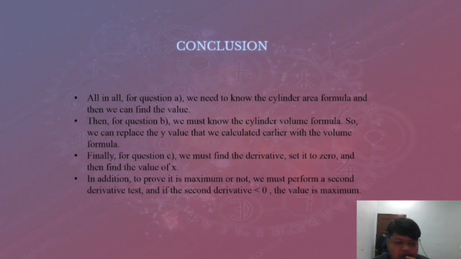Finally, for question C, we must find the derivative, set it to 0, and then find the value of x. In addition, to prove whether it is a maximum or not, we must perform a second derivative test, and if the second derivative is lower than 0, the value is maximum.